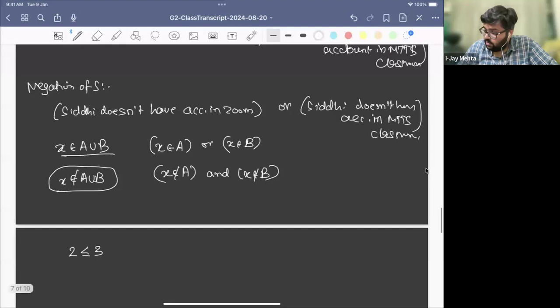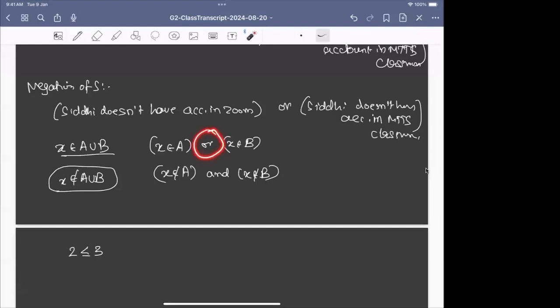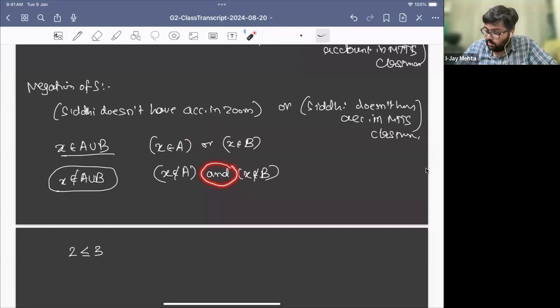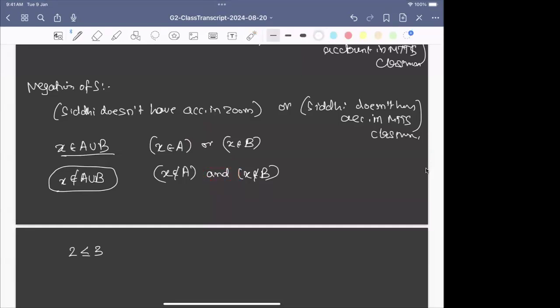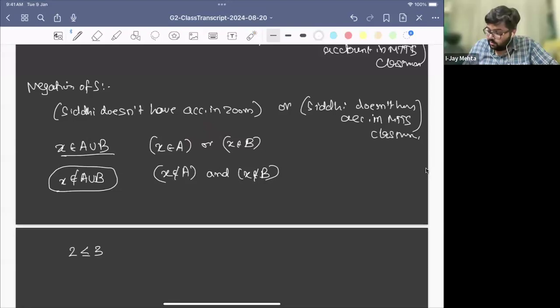Here. यूनियन में नहीं है तो ए में नहीं है, ऐसा नहीं हो सकता ना? ऐसा हो सकता है क्या? What if I take A is 1, 2 and B is 3? What is A union B?